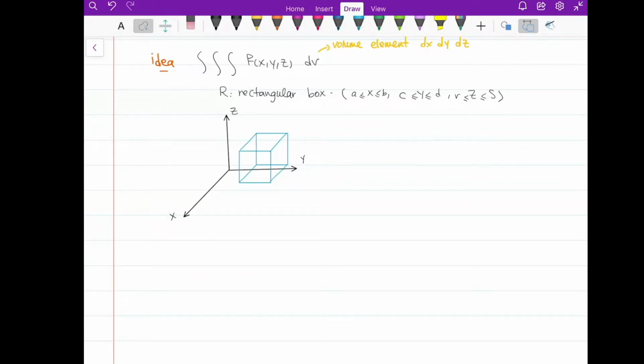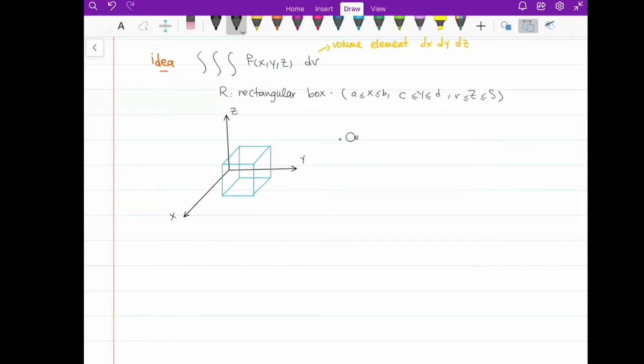Okay, let me just move the box a little bit. And here, very good.